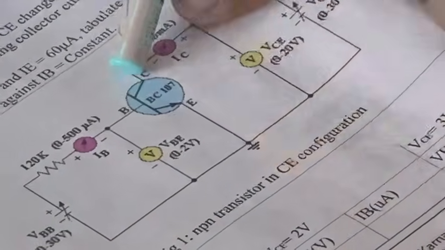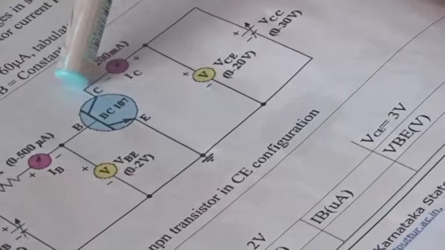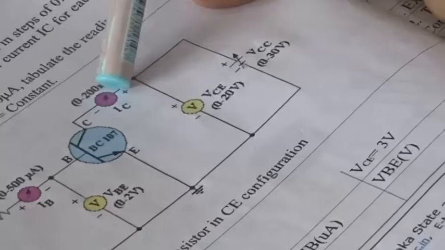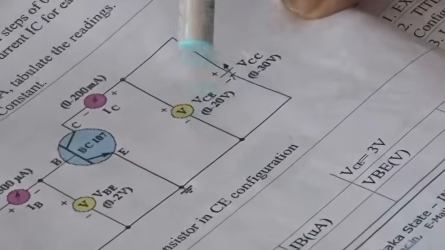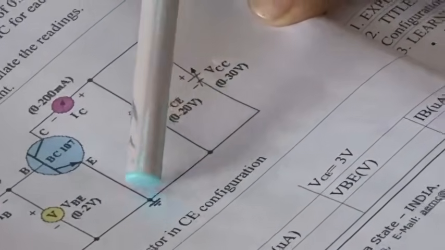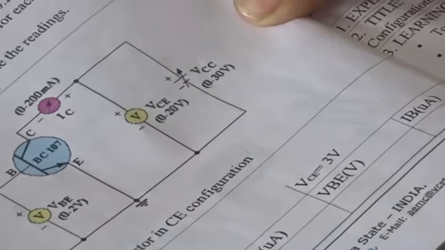Later, the collector terminal is connected to the ammeter negative, and the ammeter positive should be connected to the regulated power supply positive, and the regulated negative should be connected to the ground. The same thing we have made here. You can see the collector terminal.